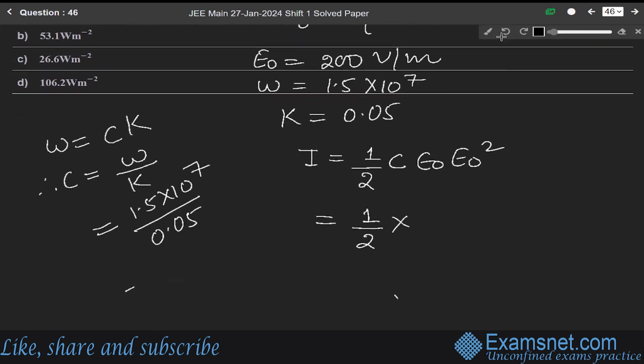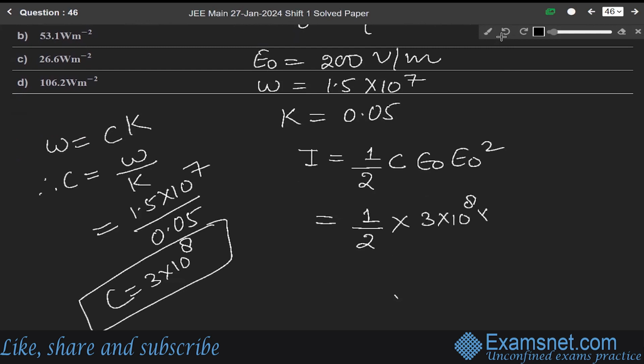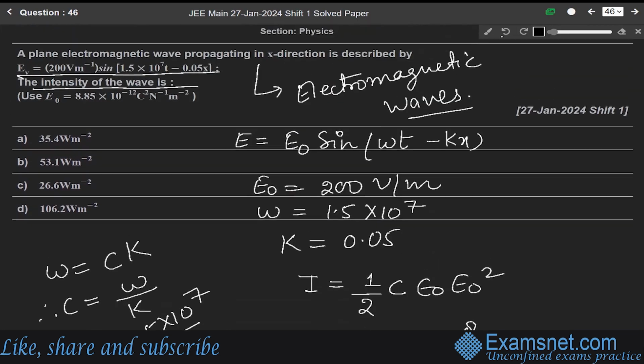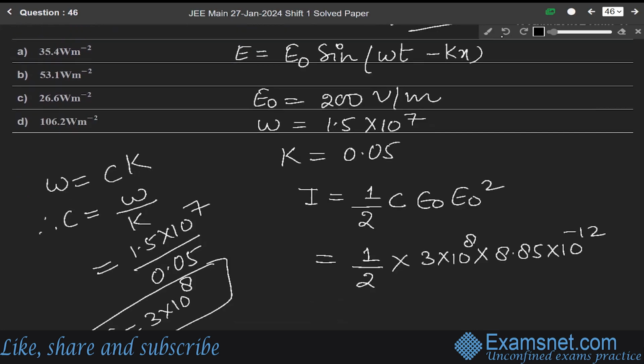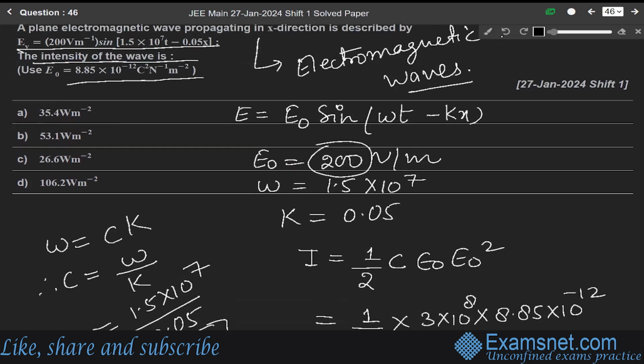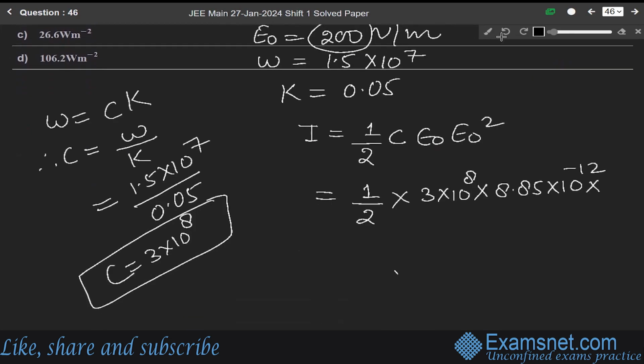Solving it, we get 3 into 10 to the power 8. So put the value of C here, 3 into 10 to the power 8 into epsilon naught. Epsilon naught value is given as 8.85 into 10 to the power minus 12. And E naught square, E naught is 200, means 200 whole square.